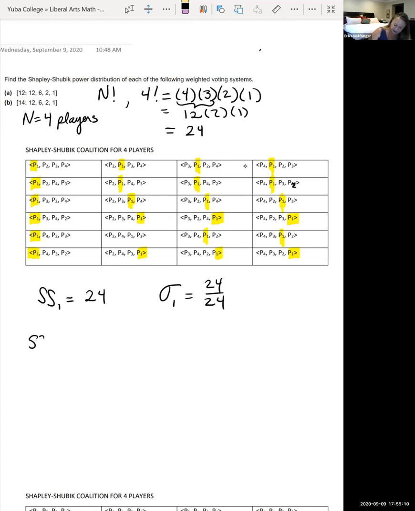That means player 2, player 3, player 4 all have 0, and their weight then is 0 over 24, which is 0.